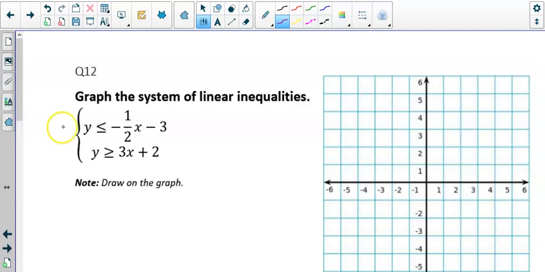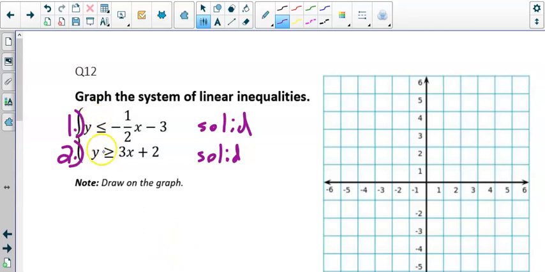What is line 1 right here going to be, solid or dotted? Solid, because we're equal to. Line 2 right here, what is it going to be? Solid as well, because we're equal to. Okay? So we can go to our calculator.